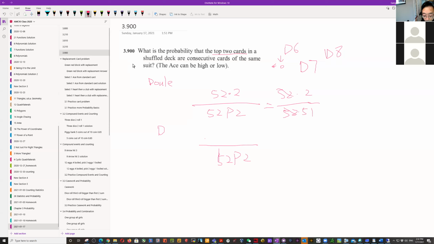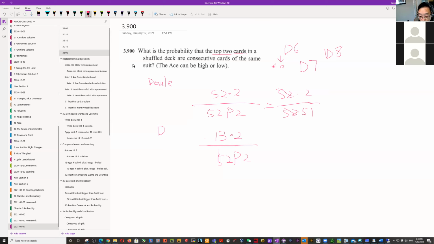Then for the diamond, you need to pick 1 of the 13 cards of the diamond. Then the next card has to be diamond 6 or 7, you have to pick those two.